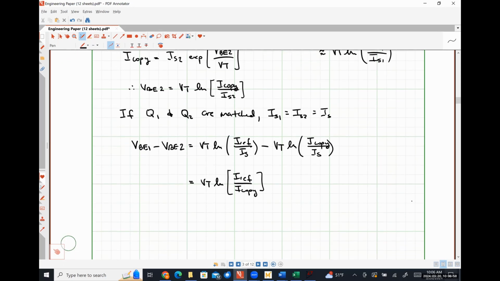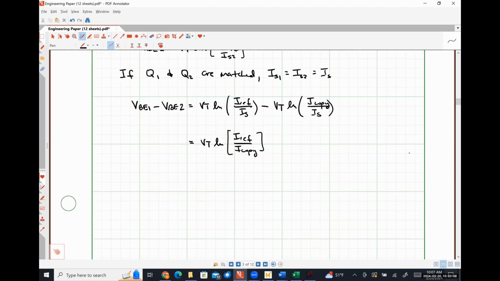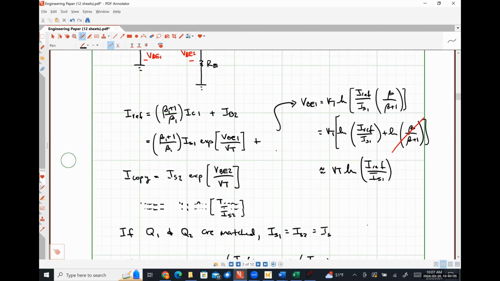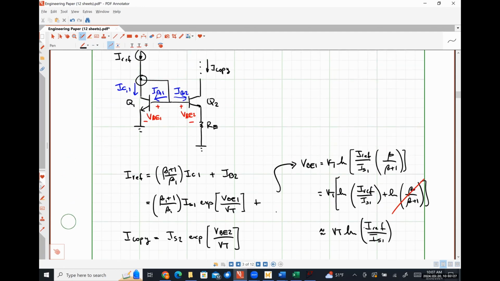So using Kirchhoff's voltage law, I can also say that VBE1 minus VBE2 is just going to be, let me scroll back up here, the voltage drop across that resistor RE, right?